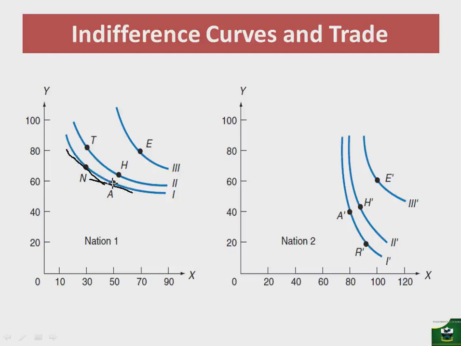And as such, we see that the slope at point A is smaller compared to the slope at point N. This explains that the marginal rate of substitution, which is the slope of an indifference curve, diminishes as we move down the curve.